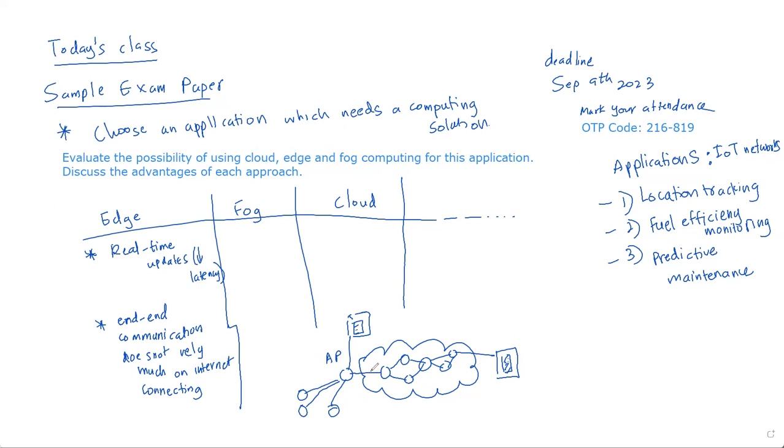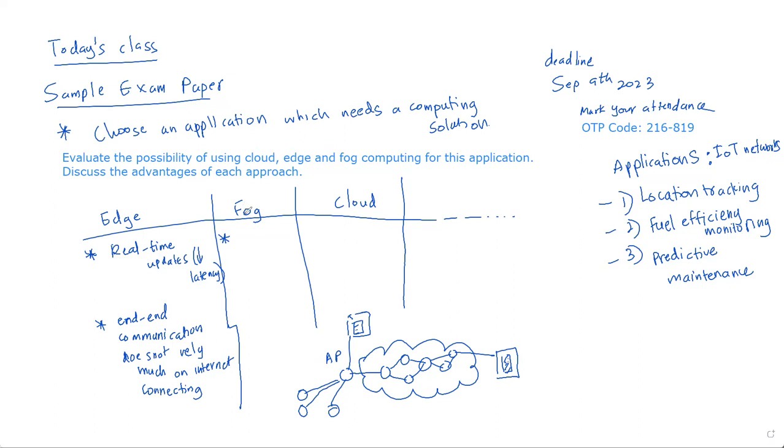If that happens, we again face problems related to latency, and we might not be able to give the updates on time, right? So edge computing has these kinds of advantages. If you have other suggestions, you can let me know.